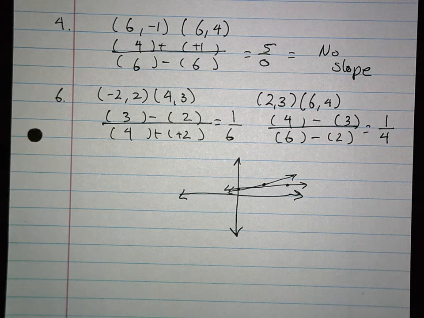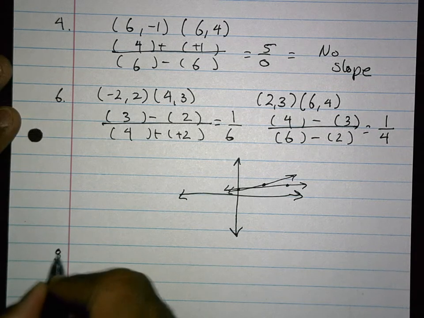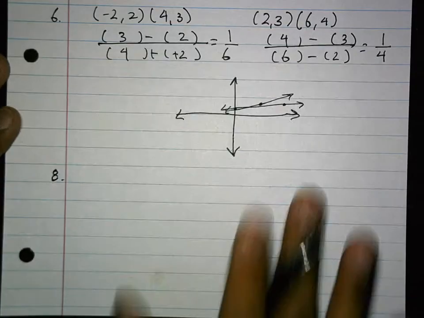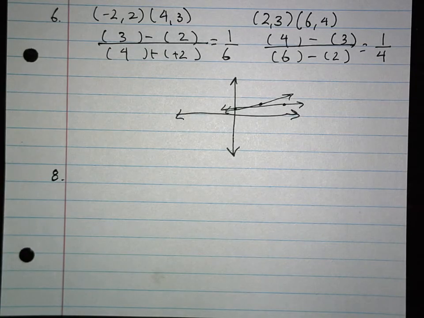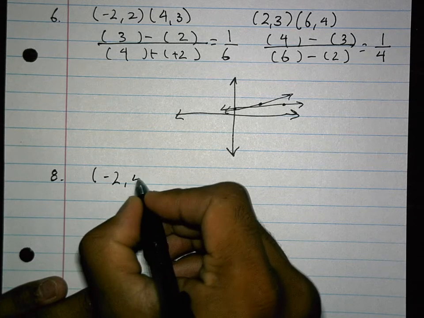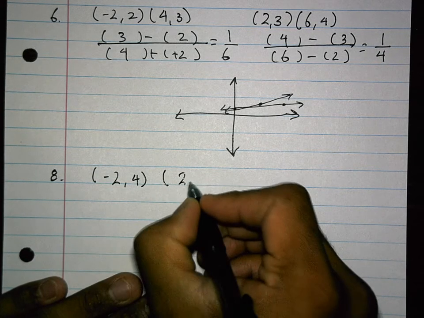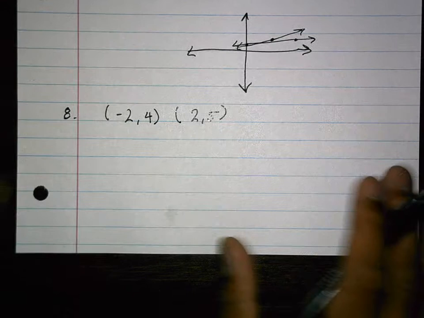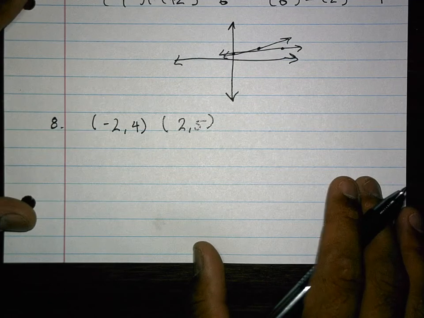All right, number 8. Number 8 says find the slope of the line passed through the given points. Tell whether the slope rises, falls, is horizontal or vertical. So you can see we're just finding slopes here. I'm going to do the same thing again, use my slope formula.